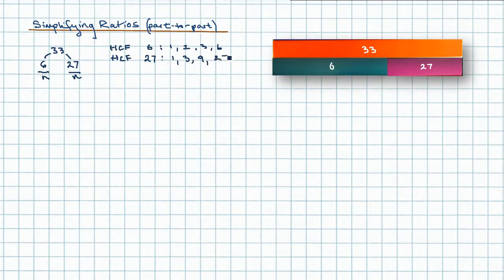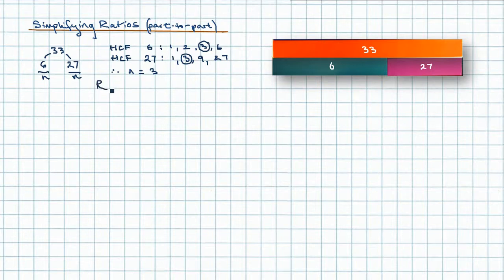So just listing out the numbers is a very simple and effective way of finding which of these are common, and if we had several numbers that are common, we would just find the highest common factor. The highest one here is 3. So the HCF of these two numbers, 6 and 27, is 3, which means that n must equal 3. So therefore n equals 3.